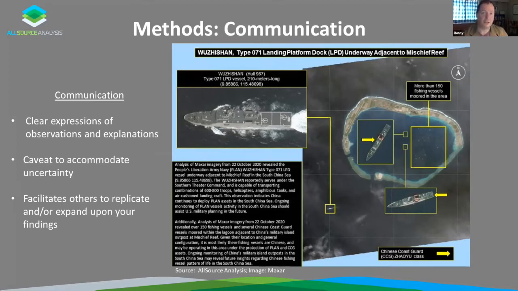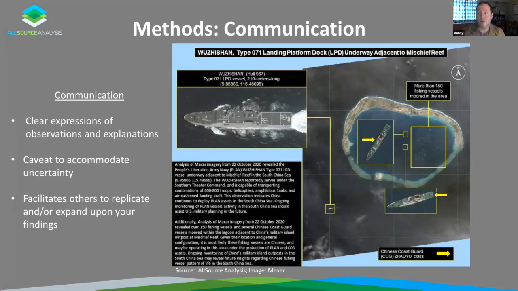If you don't see them, that should raise some questions. This type of communication style, clarity, transparency, caveats, all facilitate other organizations and individuals to replicate your findings and or expand on your findings later. So it's very important to get this right. Observe, analyze, and then communicate clearly.